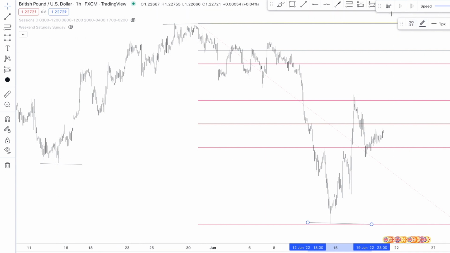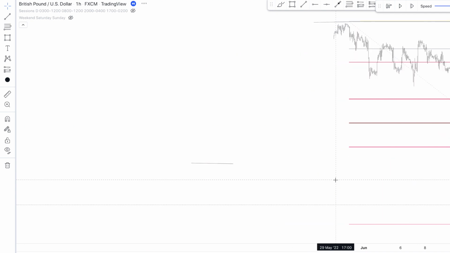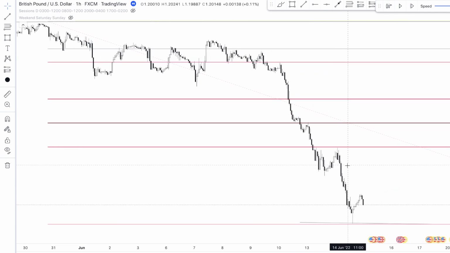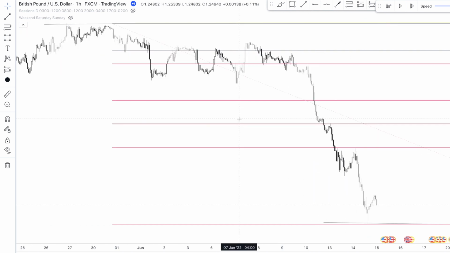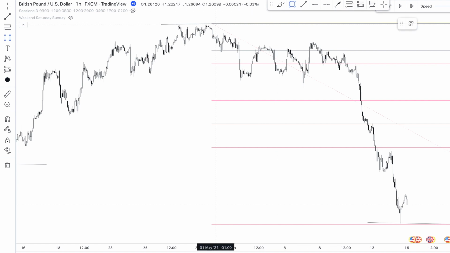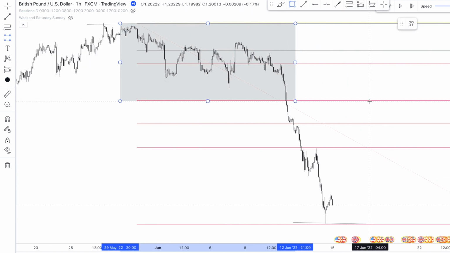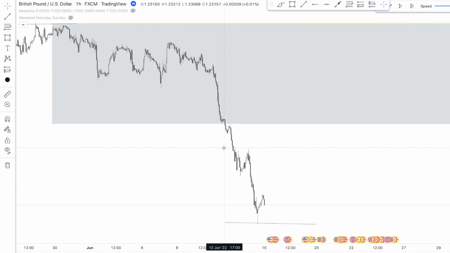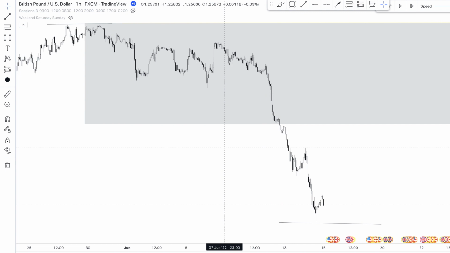So when price was here, this is where you guys go wrong, pay attention. When price was here, I wasn't looking at this imbalance. When price was here, I wasn't looking at this imbalance. I was only looking for imbalances in this top 50%. So it can be 618, 80, whatever. It just has to be a 50% retracement because that's the general movement of the market in the best way.